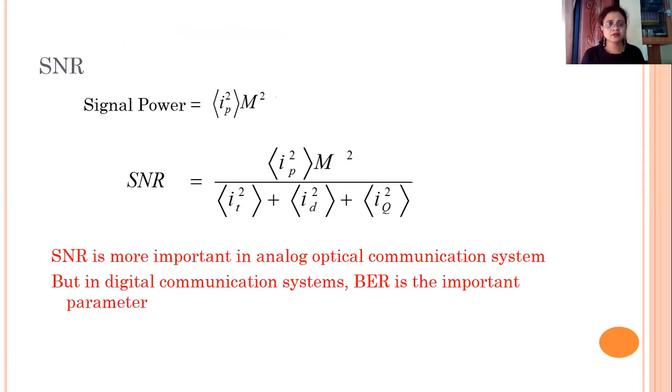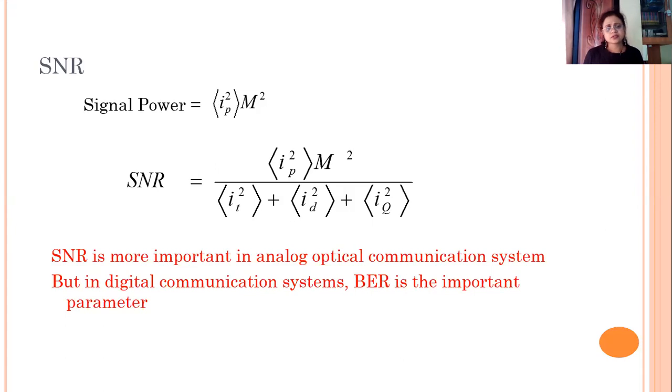And with these three dominant noises in the optical receiver, now I can define a very important term, that is the signal to noise ratio. It is the ratio of the signal power, that is the incoming power, divided by the sum of all these noises, where n can be considered as the factor.